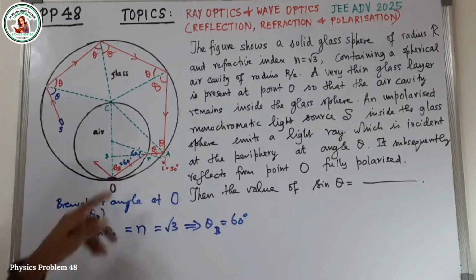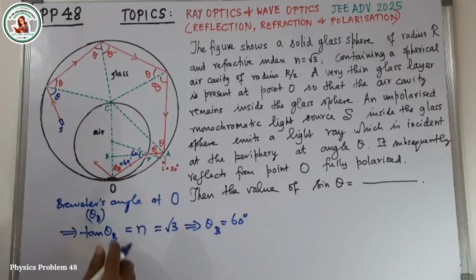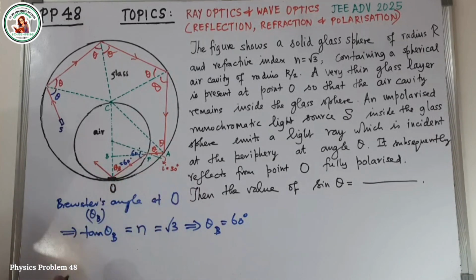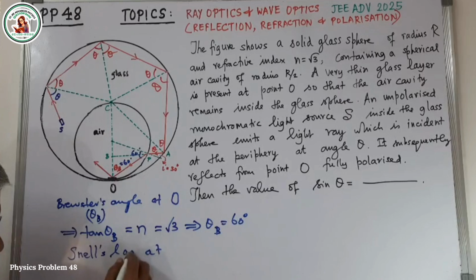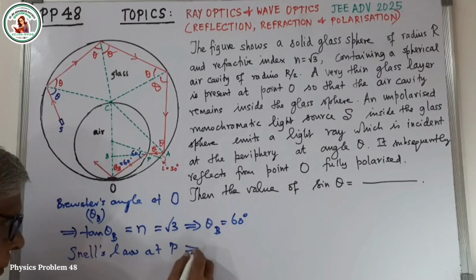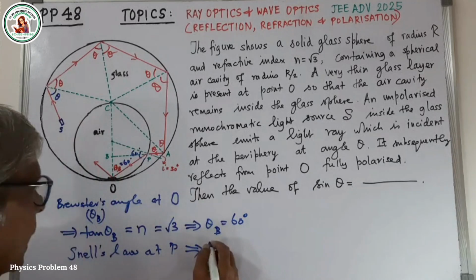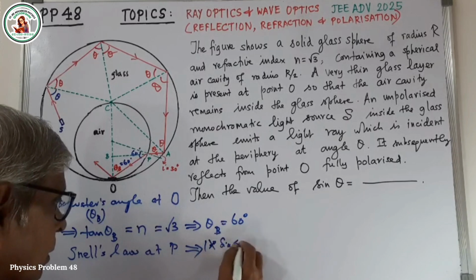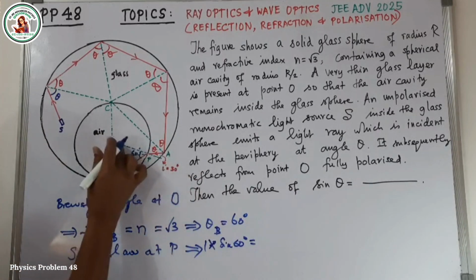What is the angle of incidence I? We have to work it out. We apply Snell's law at point P. This medium is air, so refractive index 1 times sine 60 should be equal to root 3 times sine I, where I is the angle of incidence with this normal.